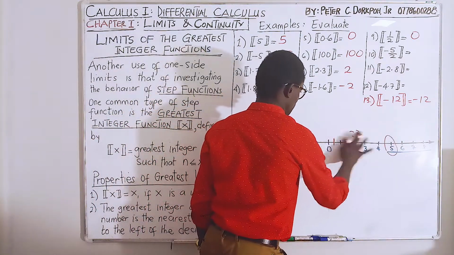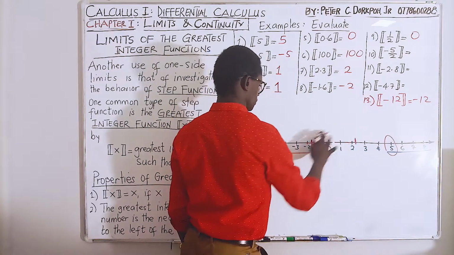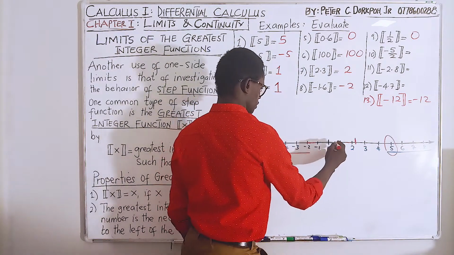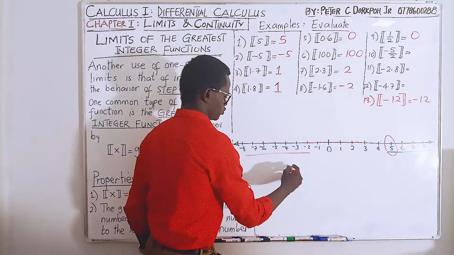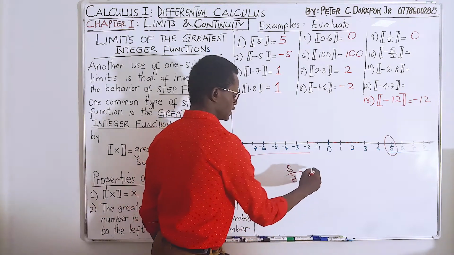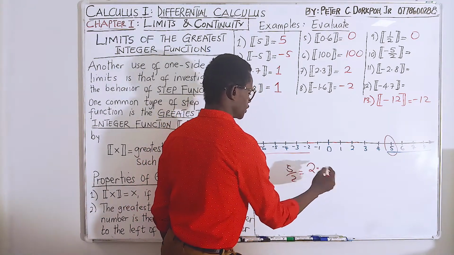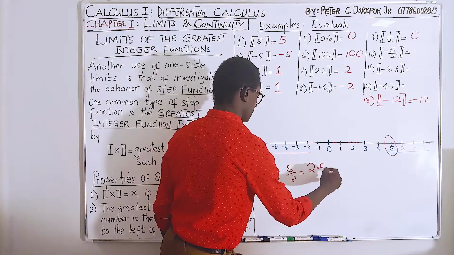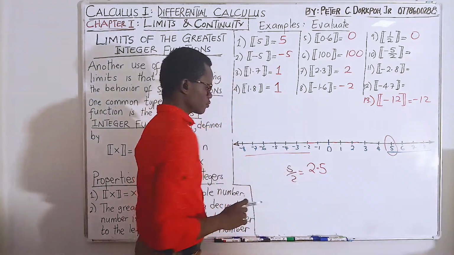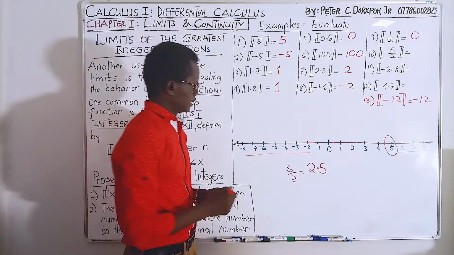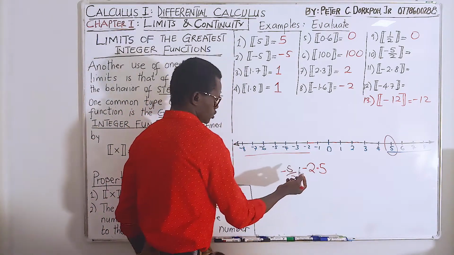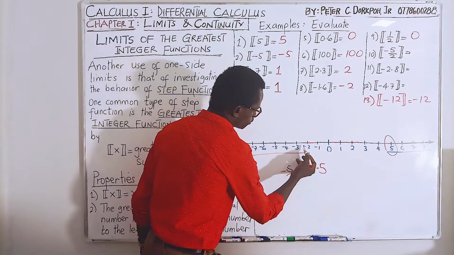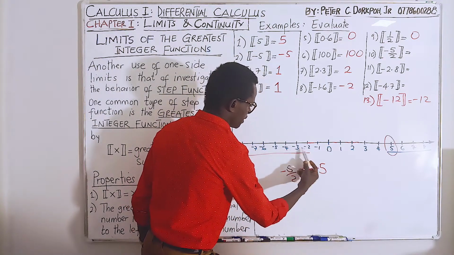What about negative 5 over 2? Now let's erase these things. What about negative 5 over 2? 5 over 2 is just equal to 2.5, right? So this is negative 2.5. So negative 2.5 is found between minus 2 and minus 3.